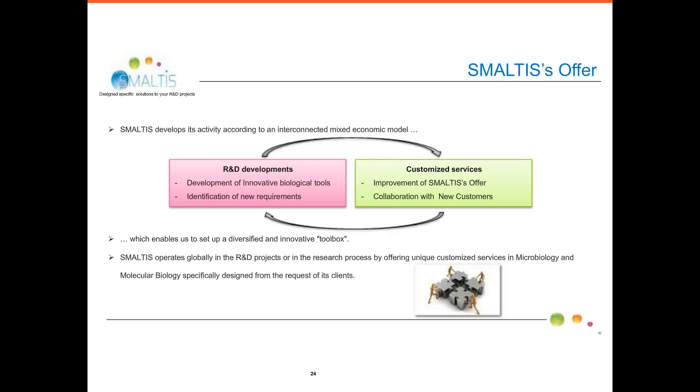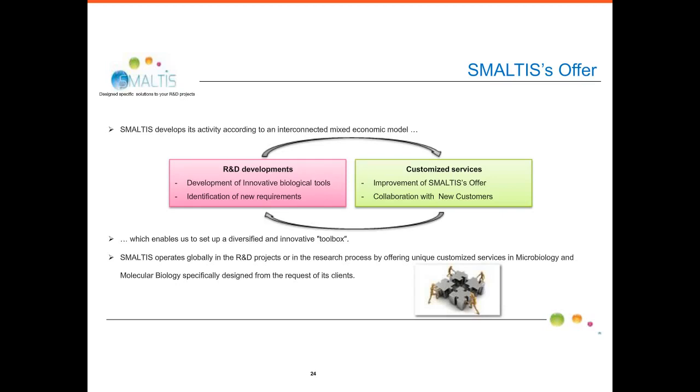In this way, SMALTIS is able to collaborate with new customers who most often have new method requirements, which involves the development of new tools. Hence, at SMALTIS, we operate globally in R&D projects or in the research process by offering unique customized services in microbiology and molecular biology, specifically designed from the request of our customer. And I will try after to show you some of these services.